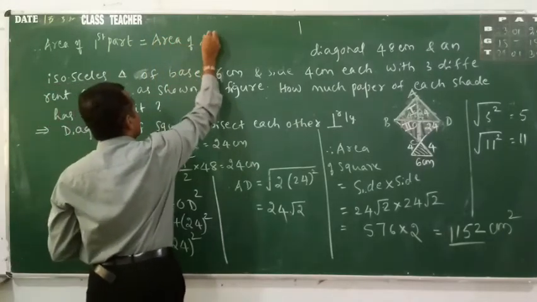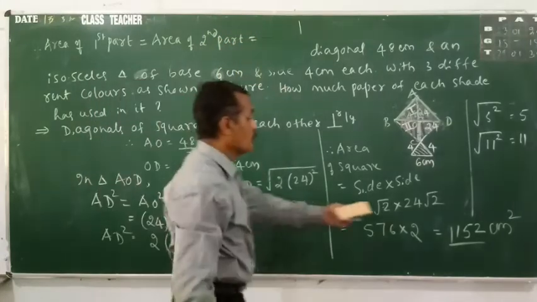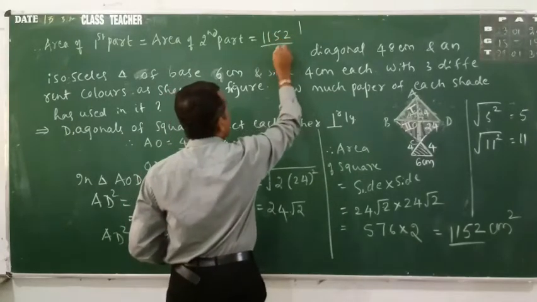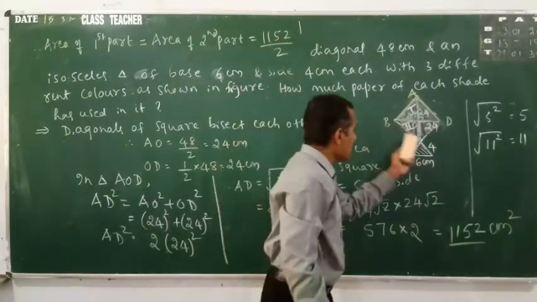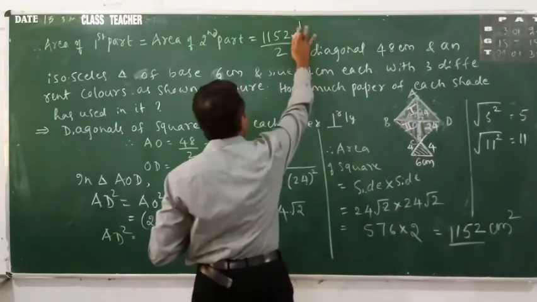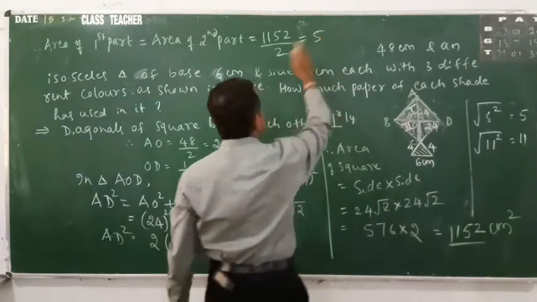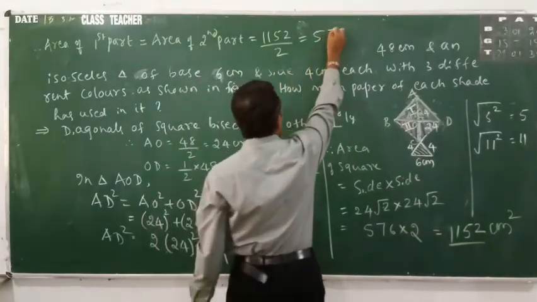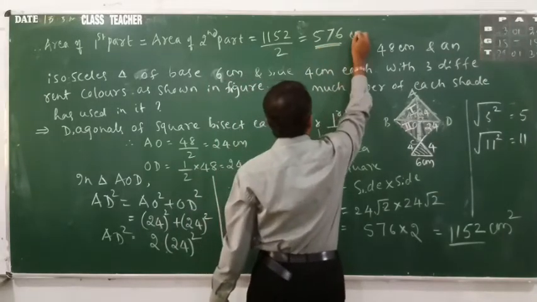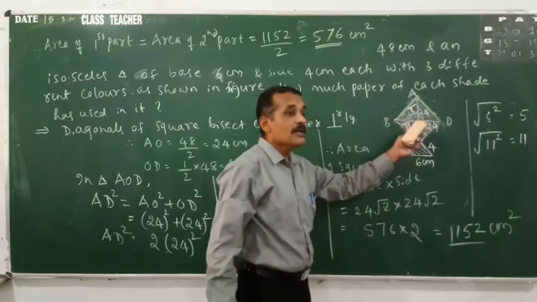That is 1152 divided by 2, because the entire area is 1152 and I have divided it into two parts. 2 5s are 10, 2 7s are 14, then 2 6s, 576 centimeter square is the area of the first part and the area of the second part.